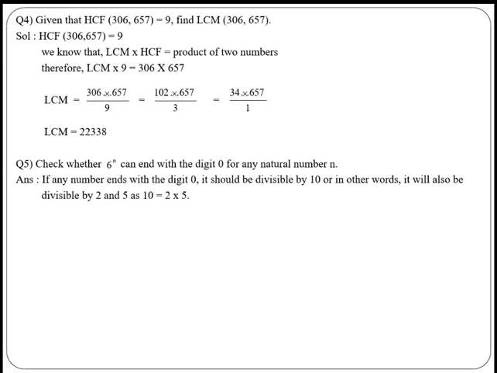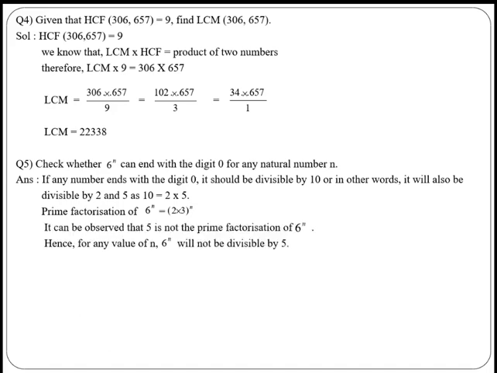That means when any number has 0 at the end, we can divide it by 10, or we can divide it by 2, or we can divide it by 5. So when we find the prime factors of 6 to the power n, we'll get the prime factorization of 6 as 2 into 3. So the prime factorization of 6 to the power n is (2 into 3) whole to the power n.